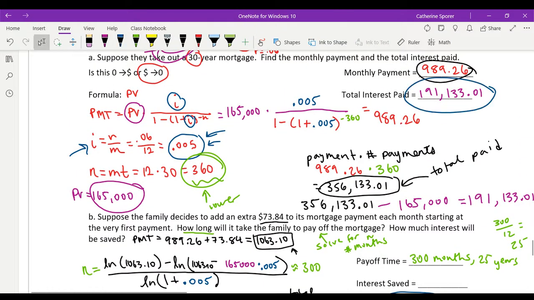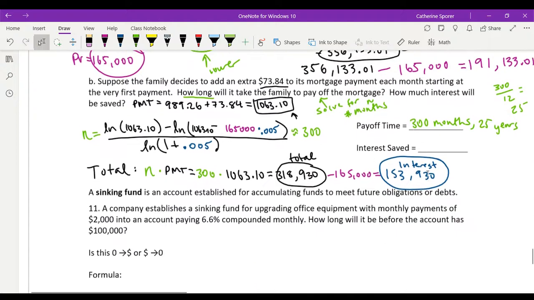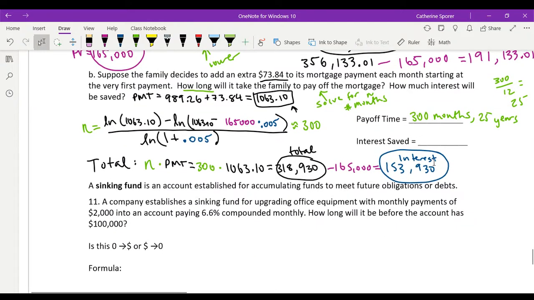So we do 191,133.01 and subtract this 153,930 number, and we'd get 37,203.01. And we subtract this number from the previous interest.